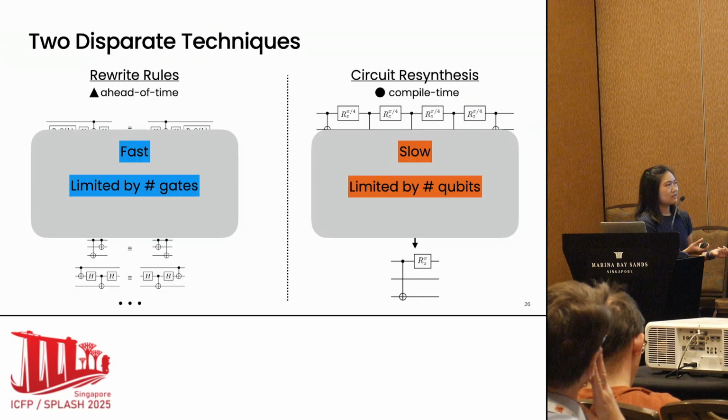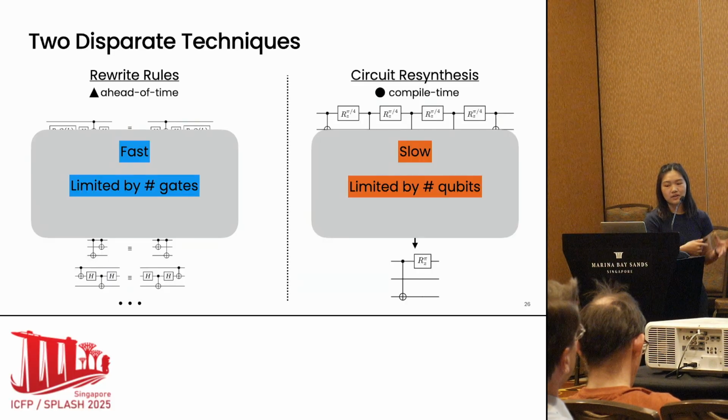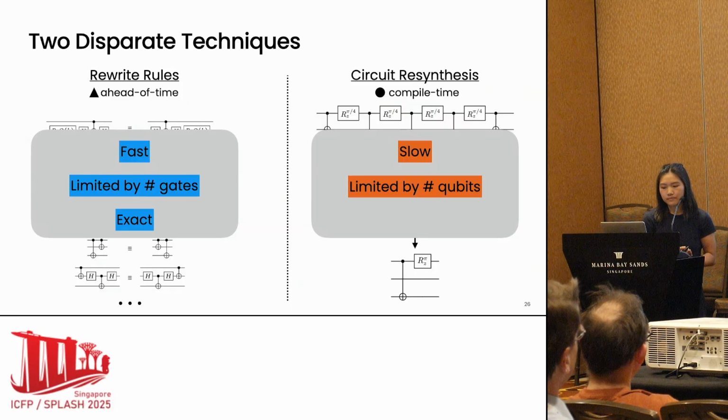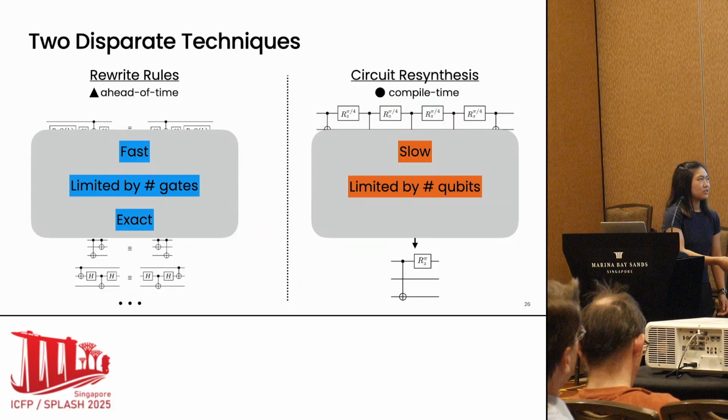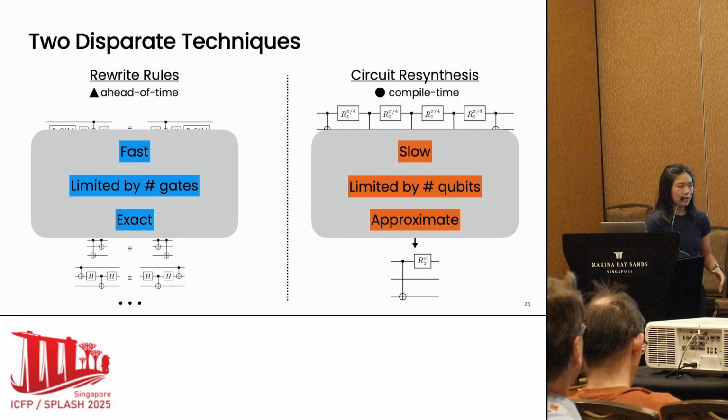Essentially, because it relies on getting the specification in the form of the unitary matrix, as long as you act on a small number of qubits, it doesn't matter how deep the circuit is. So you could resynthesize a very deep subcircuit. And then finally, rewrite rules preserve exact equivalence, and it's very difficult or impossible to approximate a rewrite rule. Whereas circuit resynthesis gives you a very natural way of approximating your output circuit, and this is something that is acceptable in quantum computing.